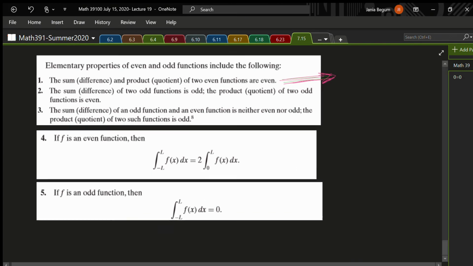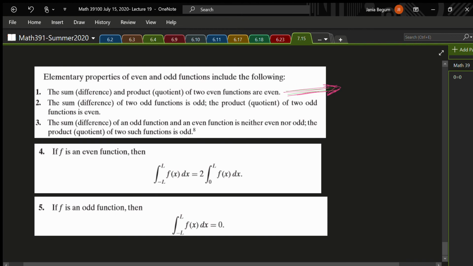So say you want to look at the example: sum or difference or quotient and product of two even functions. So x squared plus x squared. Two even functions, what is the result? You get 2x squared, an even function, right? And then if I were to multiply them, x squared times x squared, I get x to the 4th, which is again an even function.